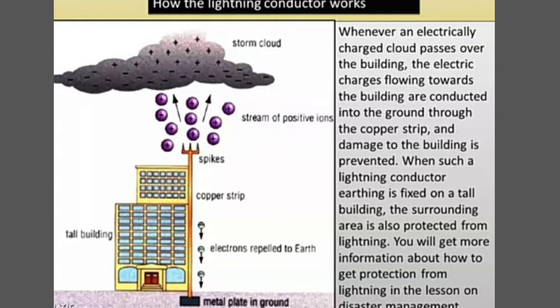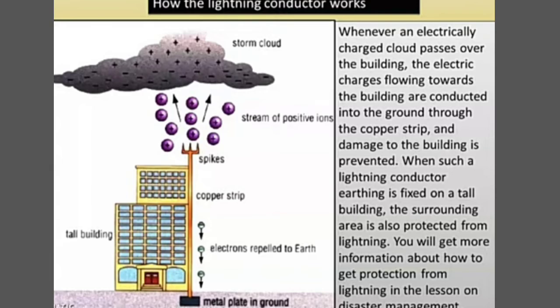Now let us learn about the lightning conductor. A lightning conductor is a device used for protection from a lightning strike. It consists of a long copper strip with one end forked. The end is at the highest part of the building. The other end of the strip is connected to a plate of cast iron.